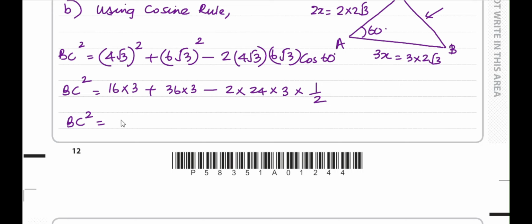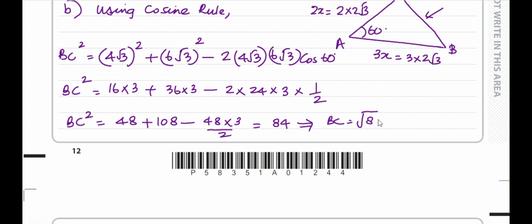That is BC square is equal to 48 plus 108 minus 48 times 3 over 2. Putting that into calculator, we get 84. Therefore, BC is equal to square root of 84 leading to 2 square root of 21, the exact value, cm.